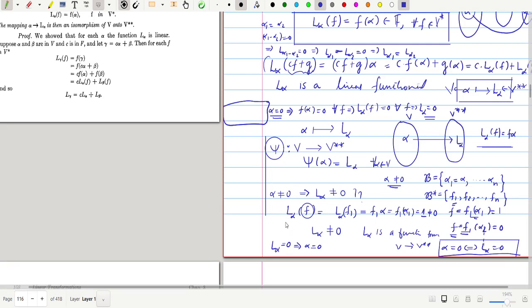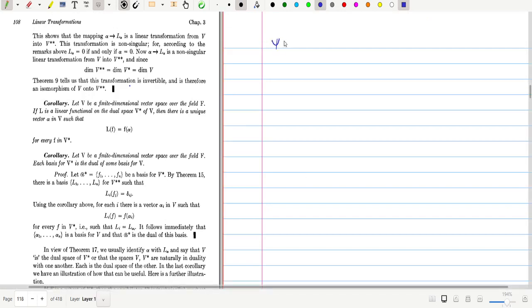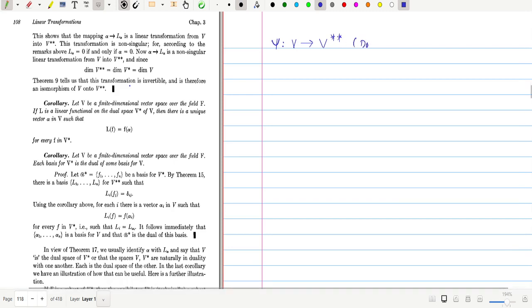Now consider the psi again. This is a function from V to V double star, the double dual of V.